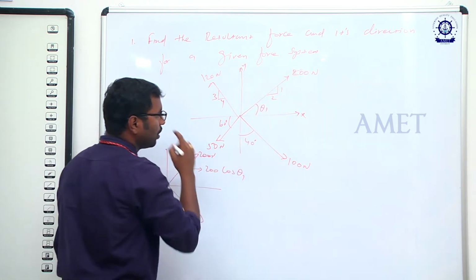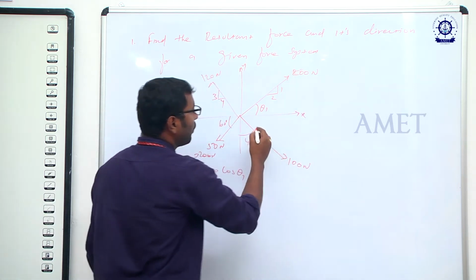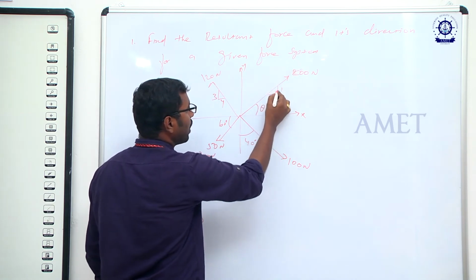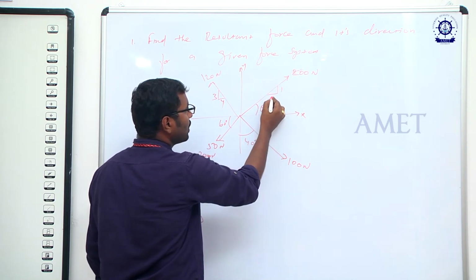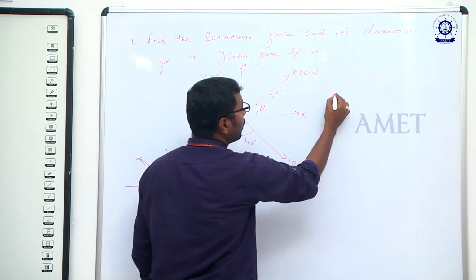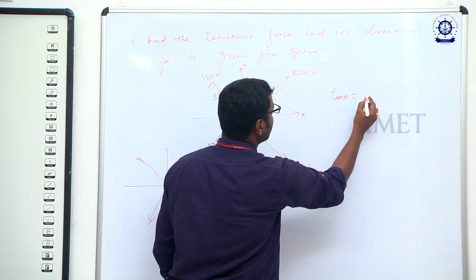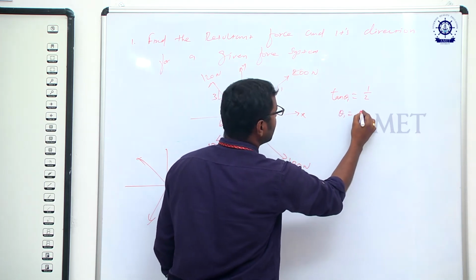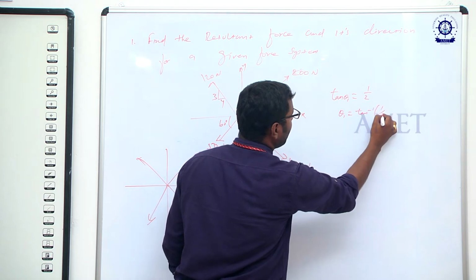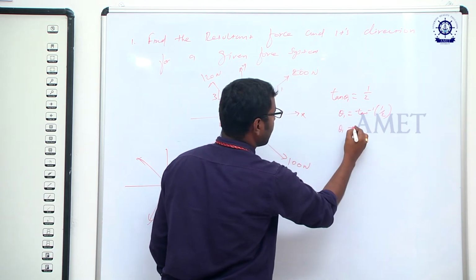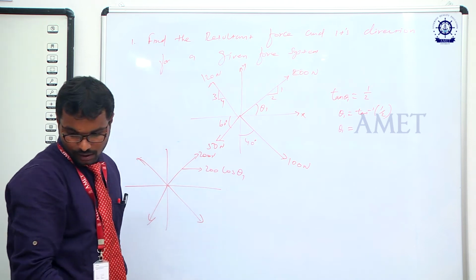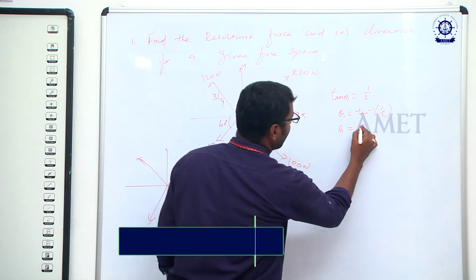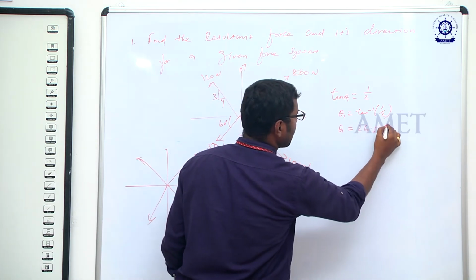This is theta 1. To find this theta 1, we have to go to the trigonometry approach. Let me consider this triangle, the opposite side is 1, the adjacent side is 2. So, I am going to use tan theta equals 1 by 2. So, theta 1 equals tan inverse of 1 by 2, so theta 1 equals 26.56 degree.